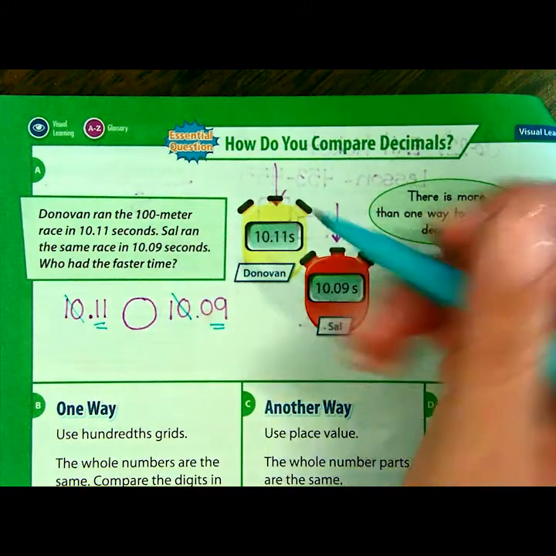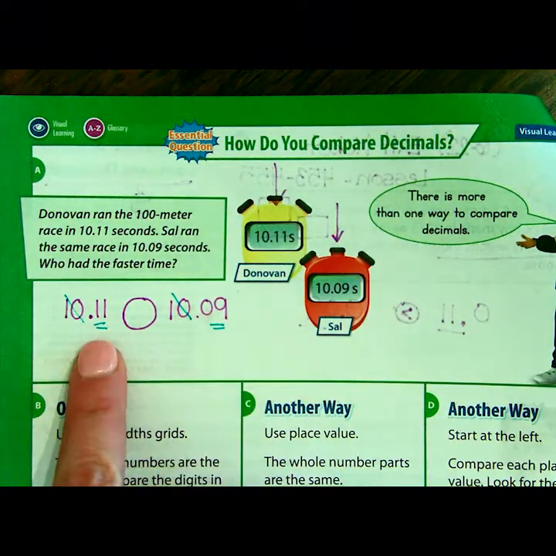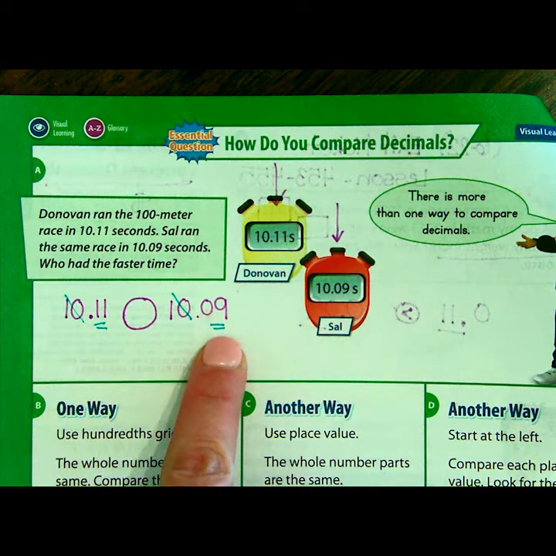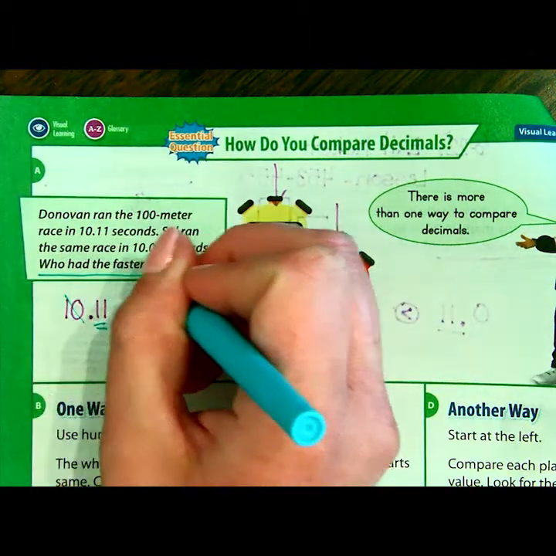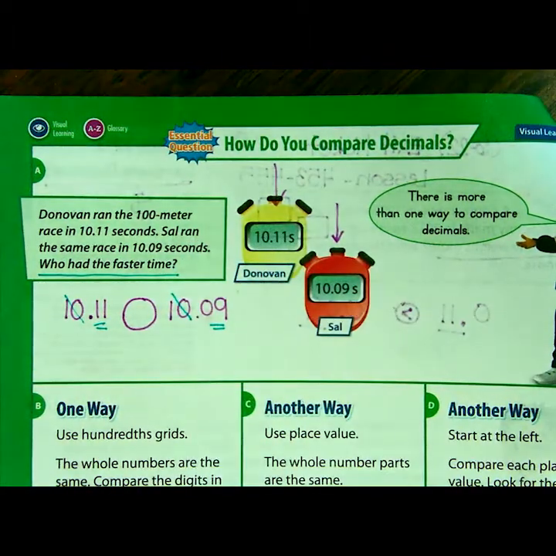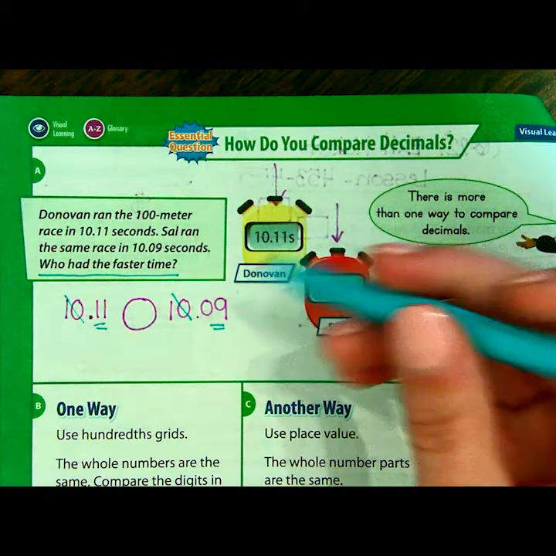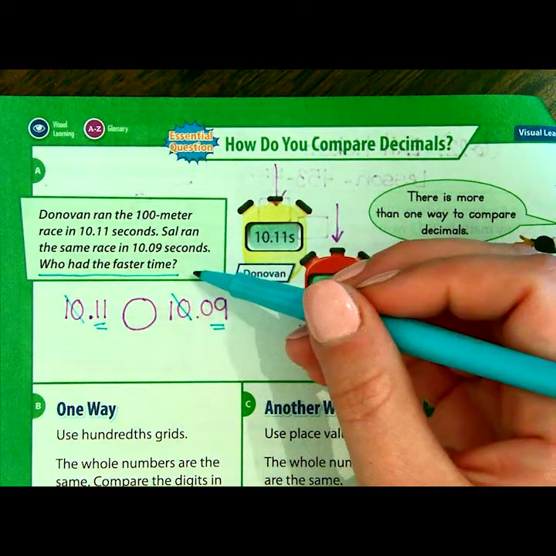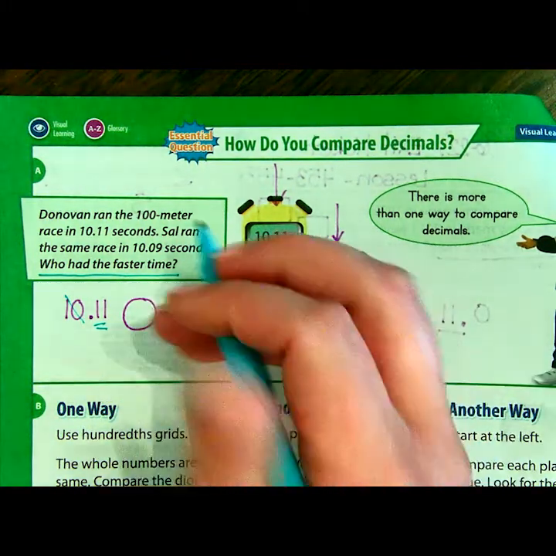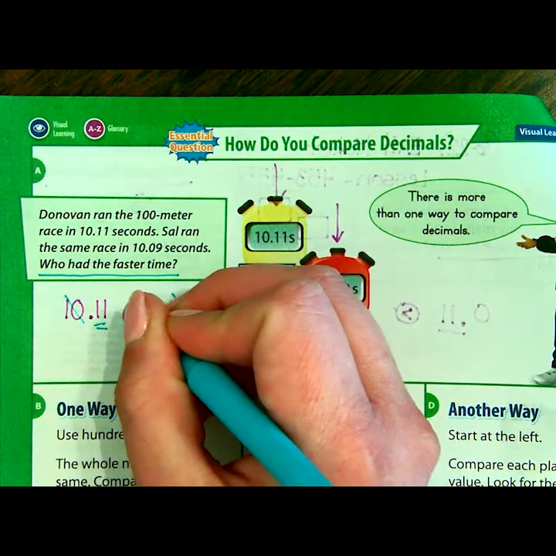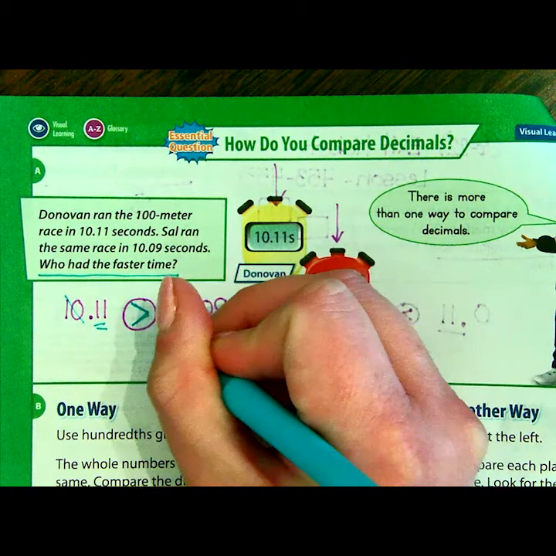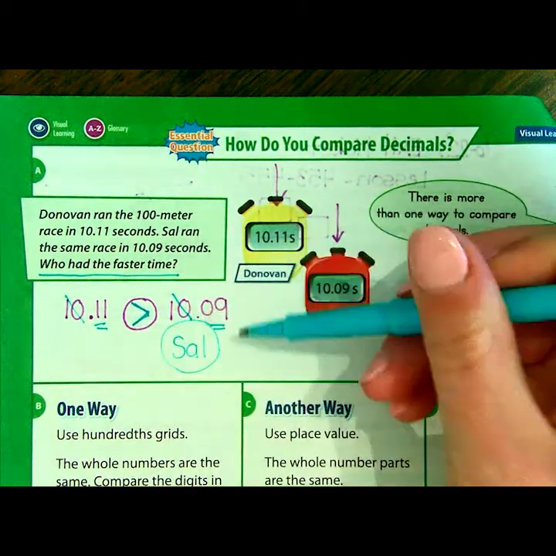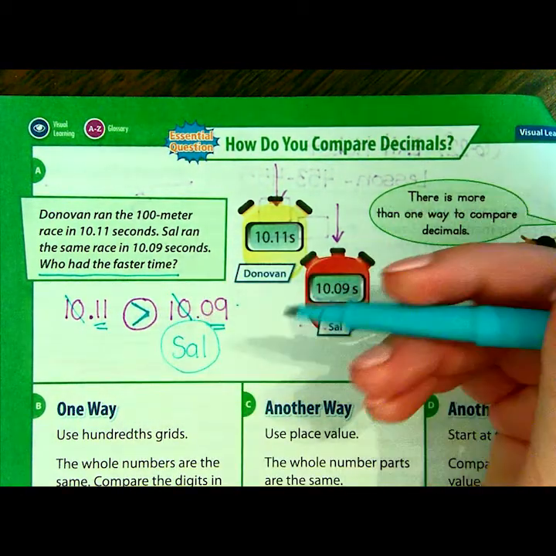So now we're just going to the decimals. Is 11 hundredths greater or less than 9 hundredths? However, here's the tricky part. We're talking about a race, so we want the smaller amount. Who ran the faster time? Well, this is a smaller amount, so when we're talking about a race, we would say Sal actually ran faster because his time was lower. We want the lower time if we're racing someone.